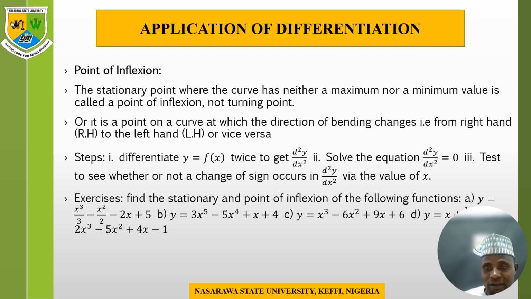Then you equate the second derivative to 0 and solve that equation, simplifying. Then the third step, you check to see whether or not a change of sign occurs in that second derivative via the value of x.